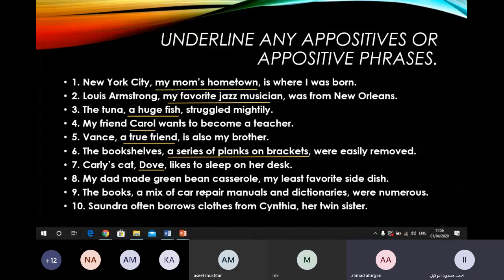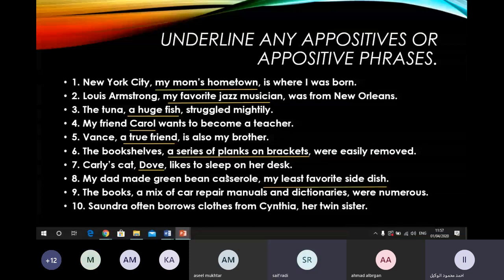So what we have here is the noun green bean casserole, and what comes to give us more information about it is my least favorite side dish. Bravo. Okay, Safe, number 9.